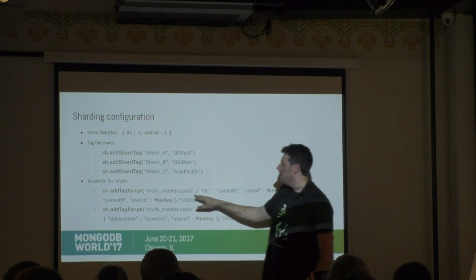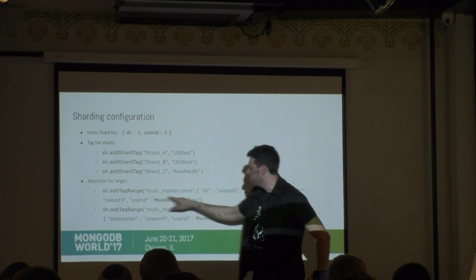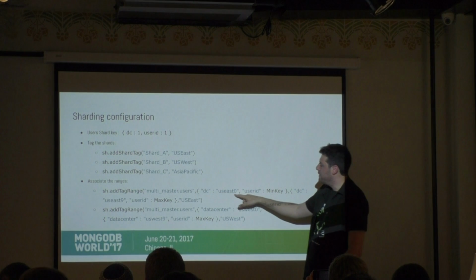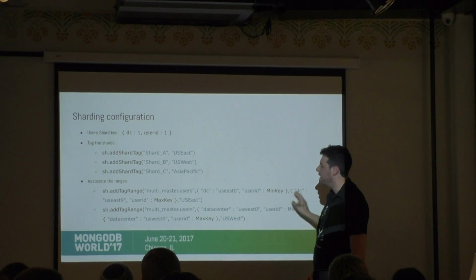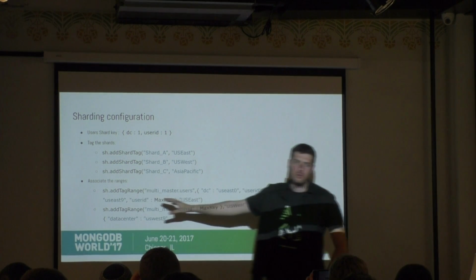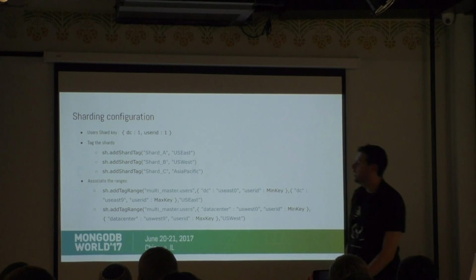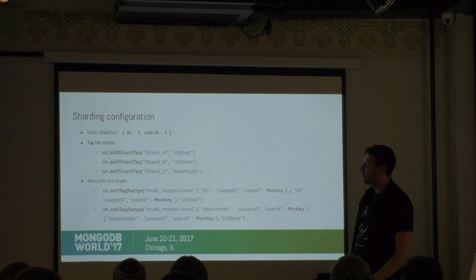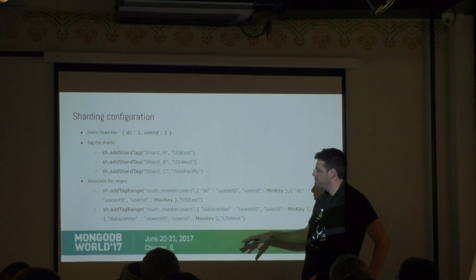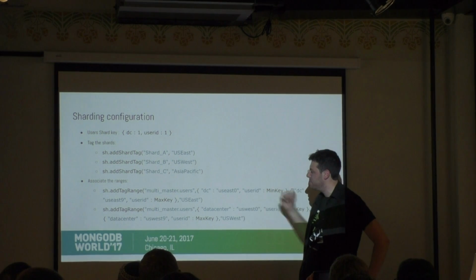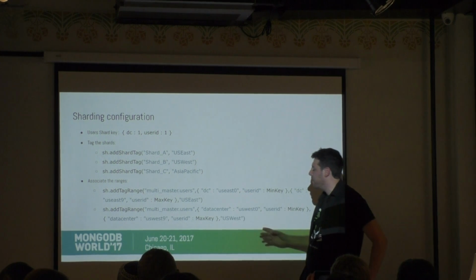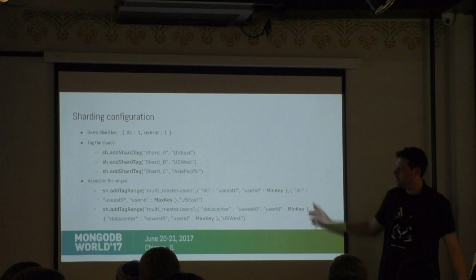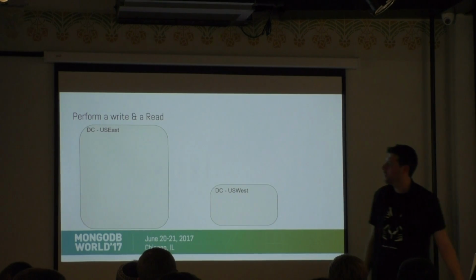We're going to add a tag range to this users collection, and we're going to say, okay, data center named US East 0 until US East 9, just a placeholder for data centers to come in US East, is going to reside in the US East primary. It's going to be written to the US East primary, and the same for the US West. For space reasons, I didn't put Asia Pacific, but it has the same configuration.